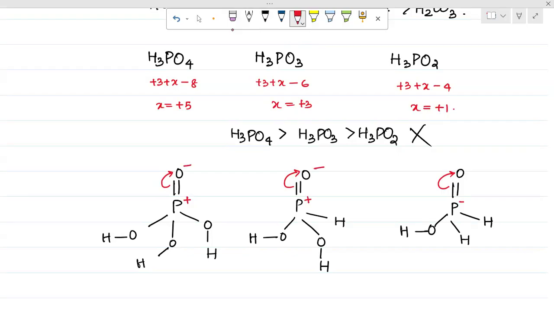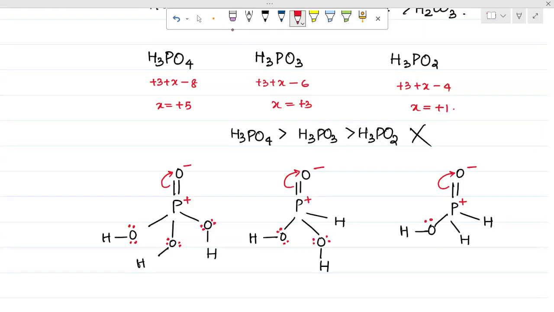Positive, negative, positive, negative. And when this scenario happens, look at the surrounding environment. Each of the oxygens will have lone pairs of electrons.